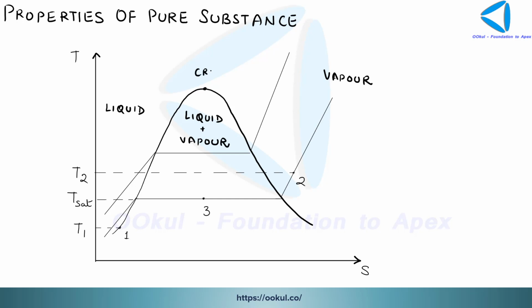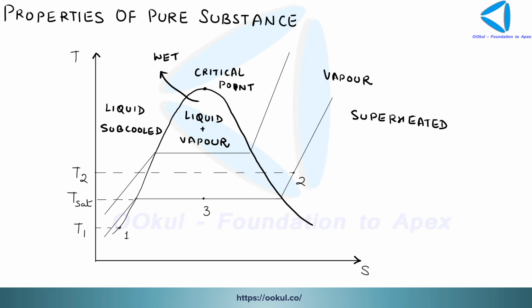This is the critical point. This region is also known as the subcooled region. This region is also known as the superheated region, and this region is also known as the wet region.